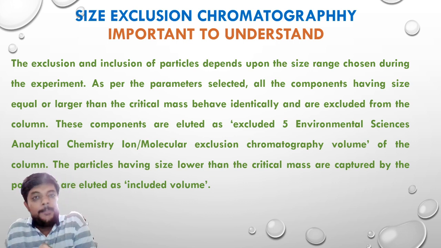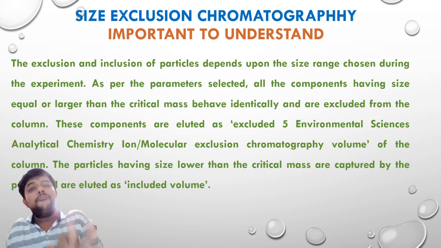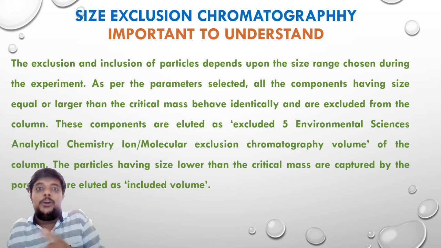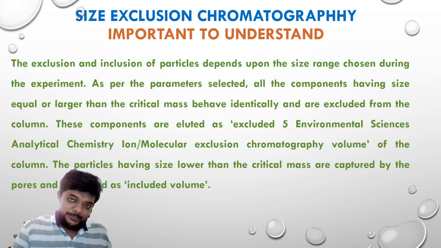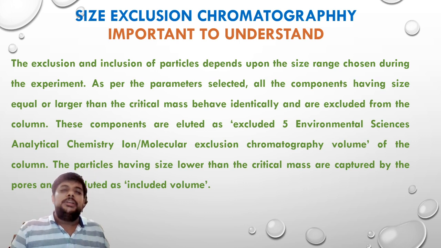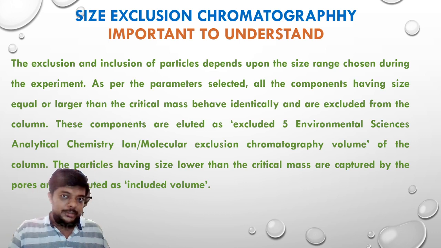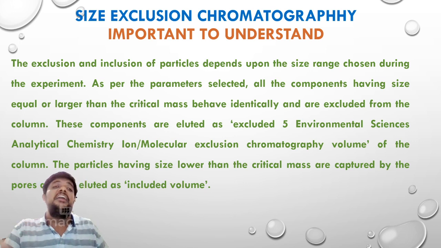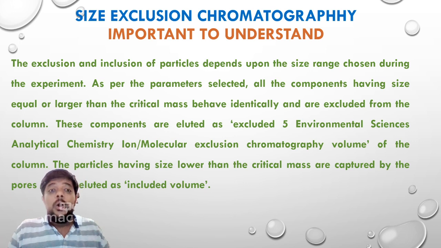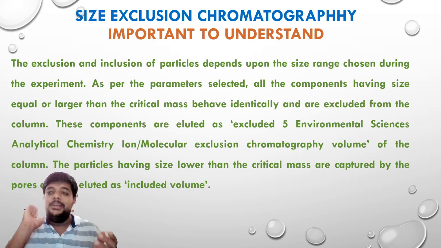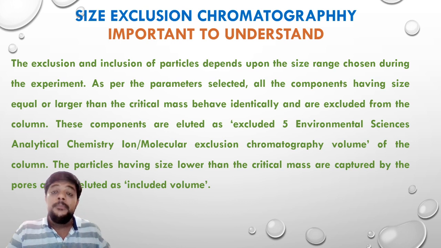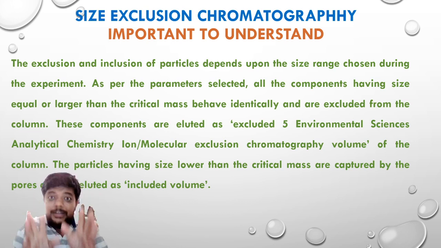I mean to say, if the pore size of my stationary phase filled in the column is 10 micrometer, 20 micrometer, or let us assume 100 micrometer, or even let us make it easy 100x, then all the particles having size larger than 100x or equal to 100x will be eliminated, will not pass, but will not get trapped.